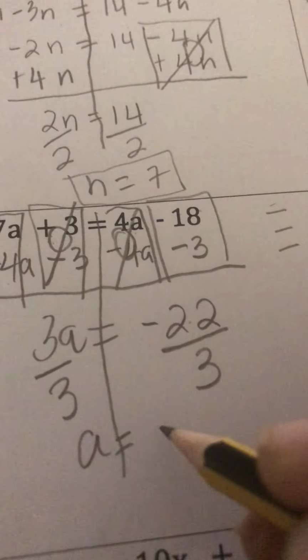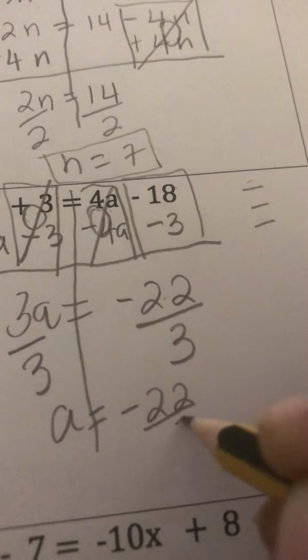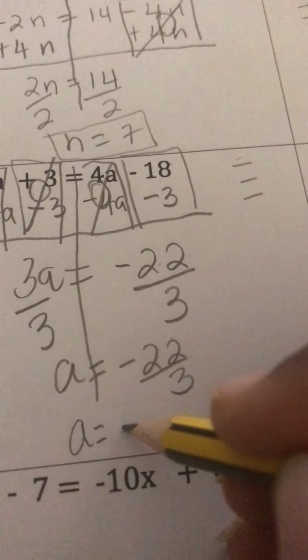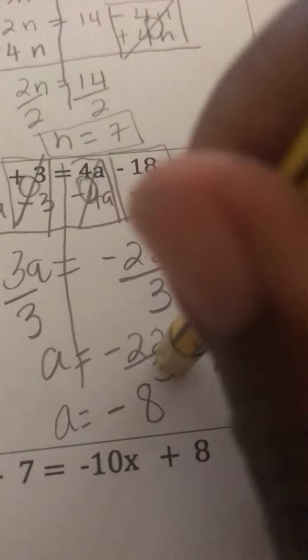So a equals to negative 22 over 3. I can decide to change that to a mixed number. 3 goes here 8 times, so that is negative 7 times because of 21, not 8, 7. So that becomes negative 7, so negative 7 is my whole number, and then 1 over 3.